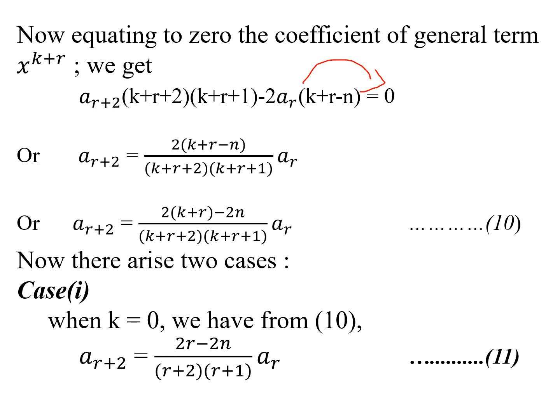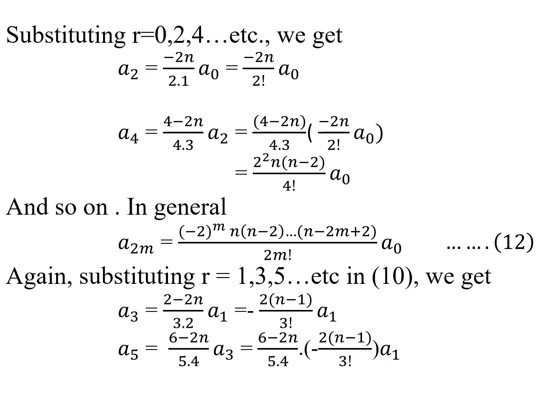In this equation, we have to put k is equal to 0. Therefore, 2(r-n) divided by (r+2)(r+1) into a(r). Putting r is equal to 0, 2, 4, etc.